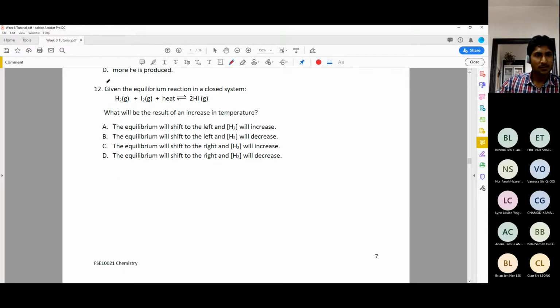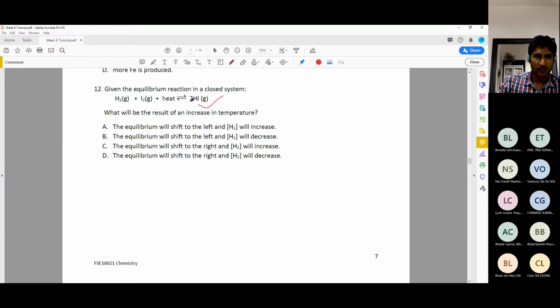Question number 12 says: given the equilibrium reaction in a closed system, hydrogen and iodine in gas form plus heat produce hydrogen iodide, what will be the result of an increase in temperature? This is an endothermic reaction, so more hydrogen iodide is produced, right?